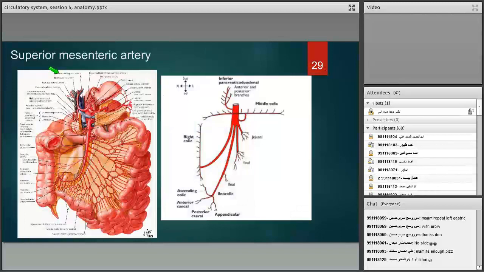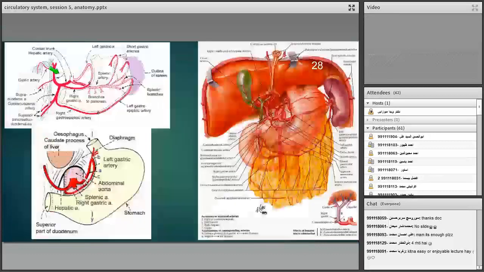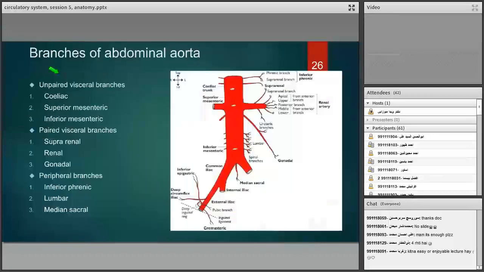The next branch of the aorta was the superior mesenteric artery. The superior mesenteric artery was also one of the unpaired visceral branches. Look at here. This is the superior mesenteric.